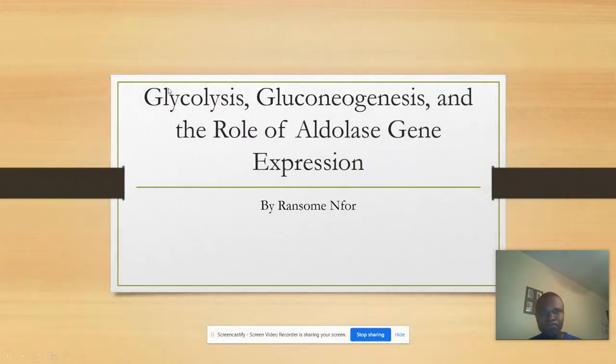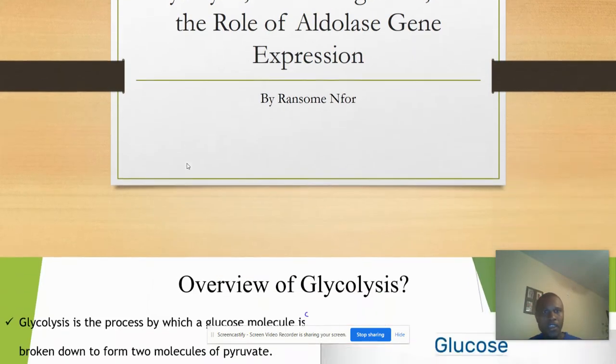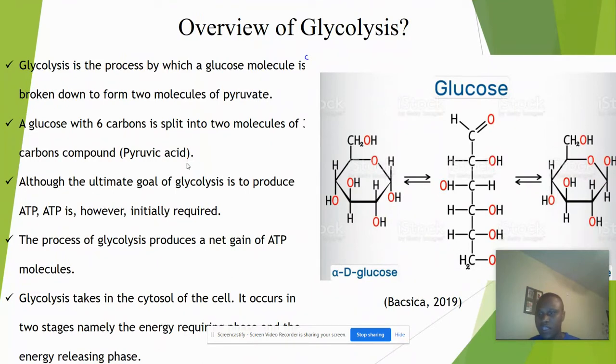Again, I will be talking about glycolysis, glycogenesis, and the role of aldolase gene expression in glycolysis and glycogenesis. So I want to start by looking at an overview of glycolysis. What is glycolysis? What are some of the things that are specific to glycolysis?